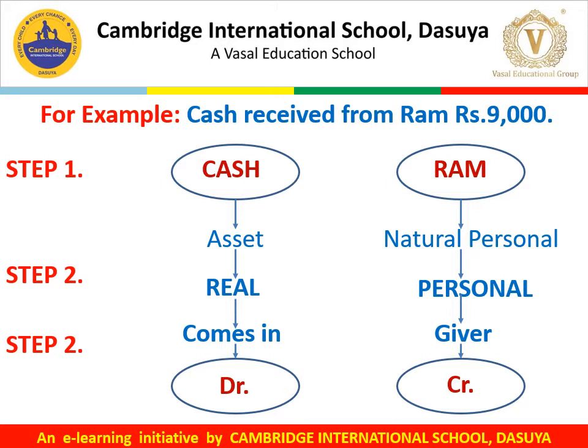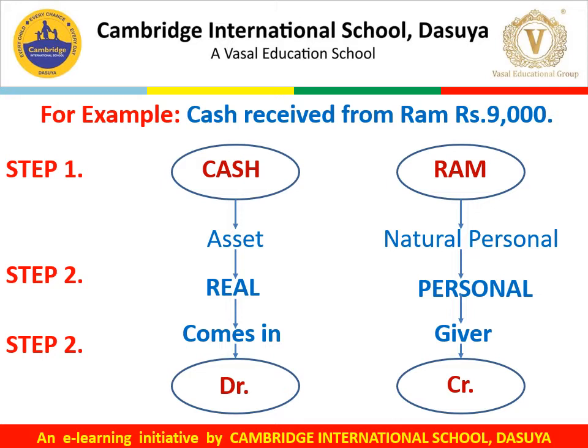After analyzing the effect, we have to apply the rule. As per the traditional approach, the rule for a real account is debit what comes in and credit what goes out. Here cash comes into the business, so cash must be debited. As per the personal account rule, it is debit the receiver and credit the giver. Here Ram is the giver to the business, so Ram must be credited.